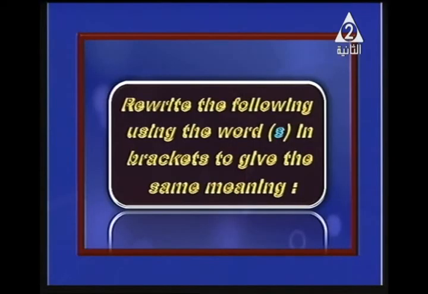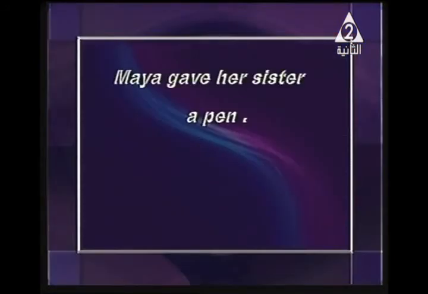Okay. Now after finishing explaining transitive and intransitive verbs, let's see this exercise and check our understanding. Rewrite the following using the words in brackets to get the same meaning. Okay, Maya gave her sister a pen.